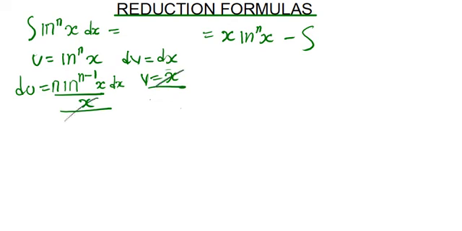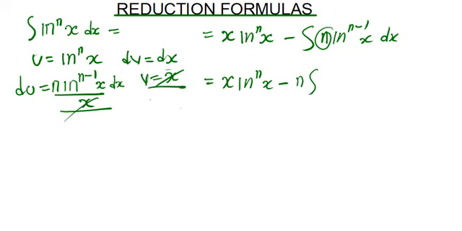So I remain with my n, ln to the n minus 1 of x dx. Before I finish, I can bring the n outside because that's just a coefficient, so I have n times the integral of ln to the n minus 1 of x dx.